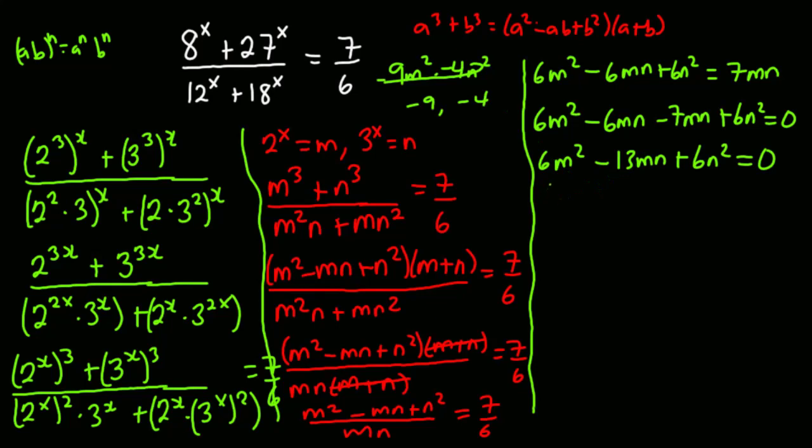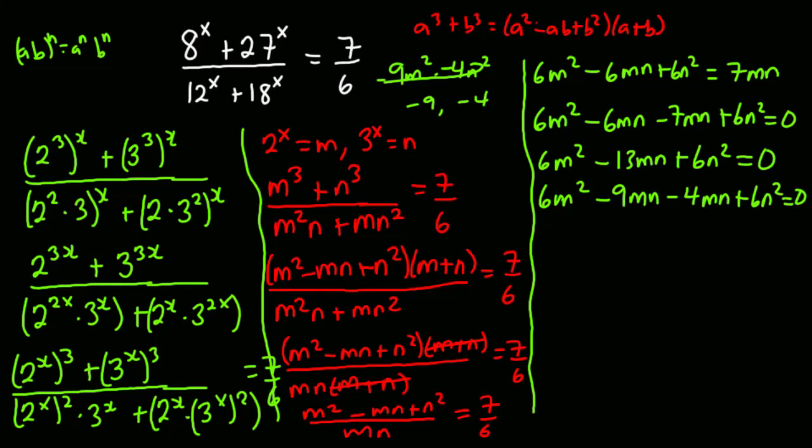And so this quadratic equation can also be written as 6m squared minus 9mn minus 4mn plus 6n squared is equal to 0.